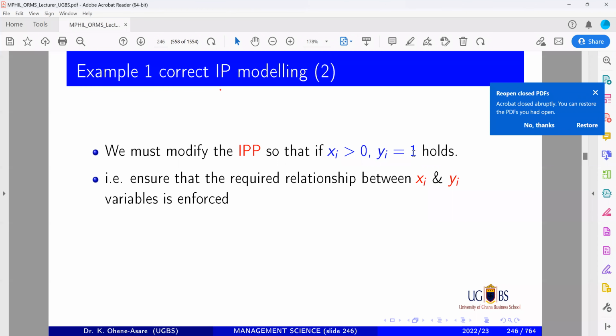To do that, please pay attention here. You need a certain rule, and this rule is called a linking constraint. It's a rule that links the X and the Y. So guys, watch something here.